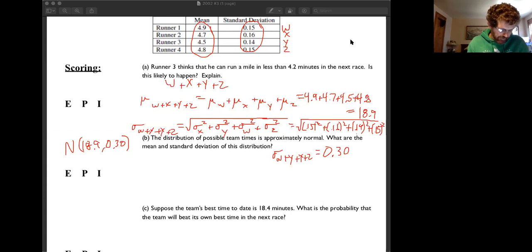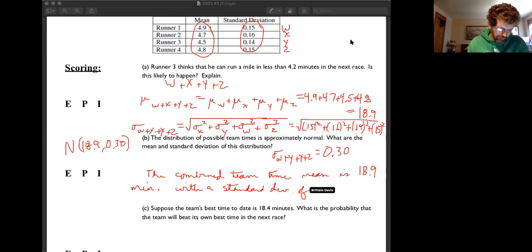So the combined team time mean is 18.9, and this is where you add the units back in, 18.9 minutes with a standard deviation of 0.30 minutes.